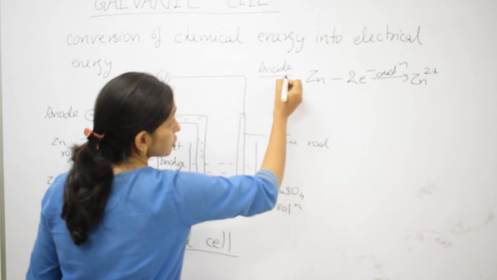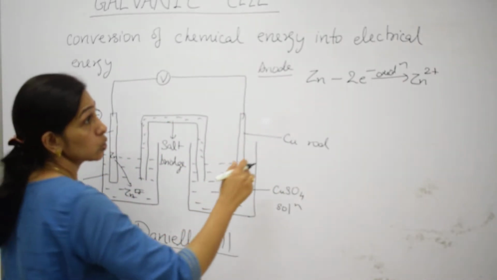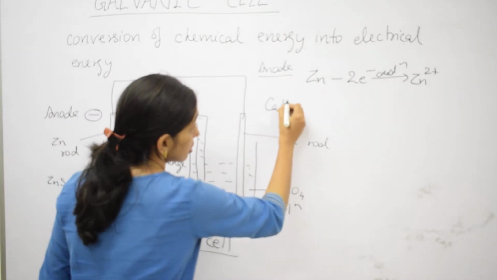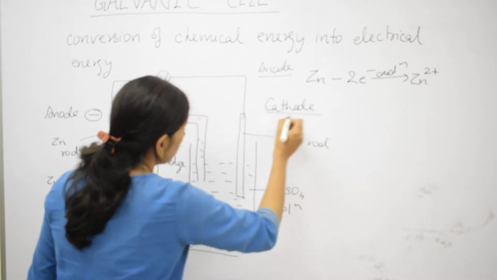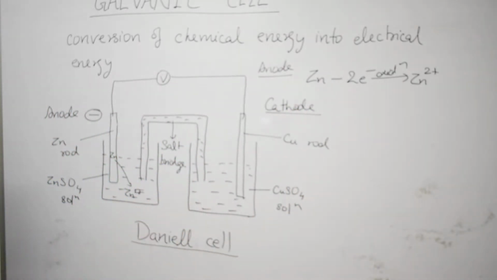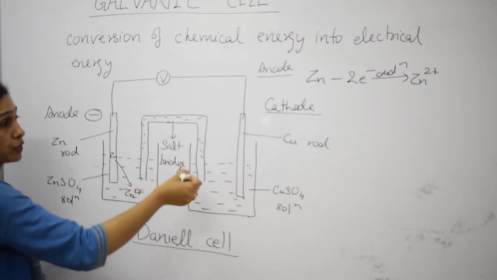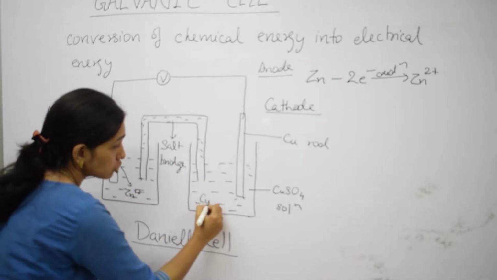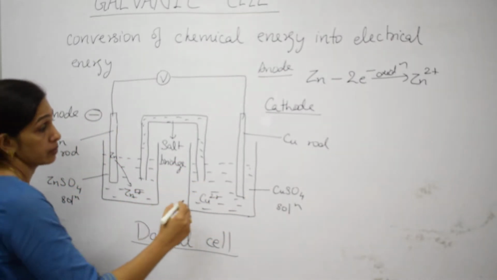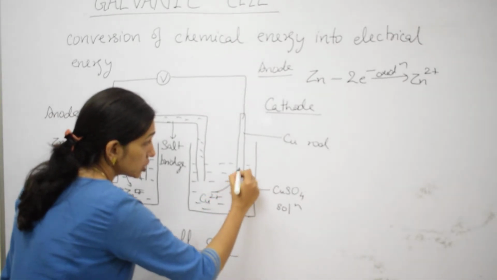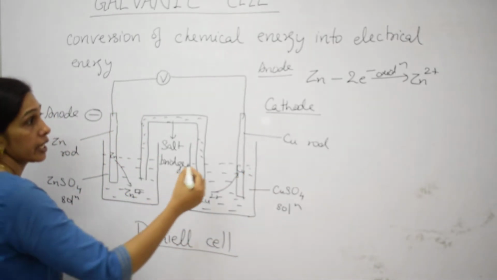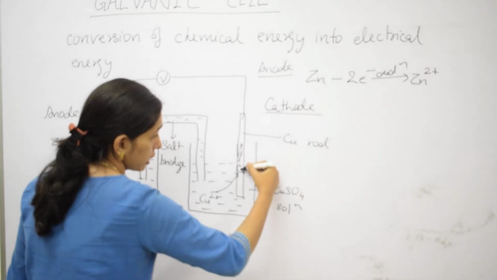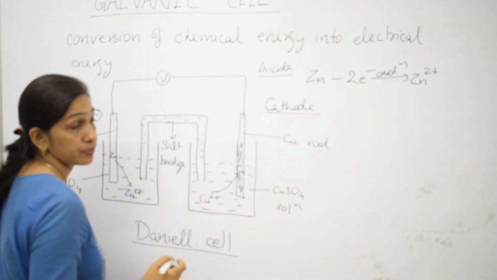In the anode half cell, zinc rod changes into zinc 2 plus, and in the copper half cell, copper rod dipped into copper sulphate solution, the copper ions present in the solution reduce and change into copper metal, which gets deposited on the rod.